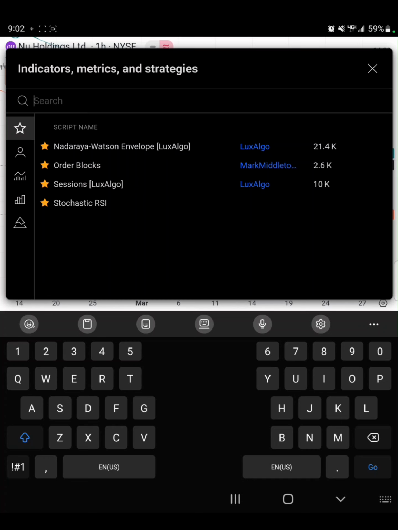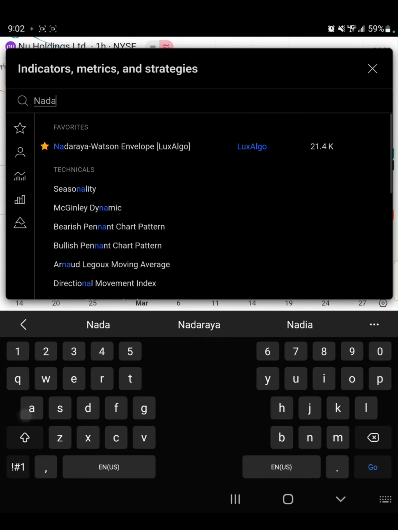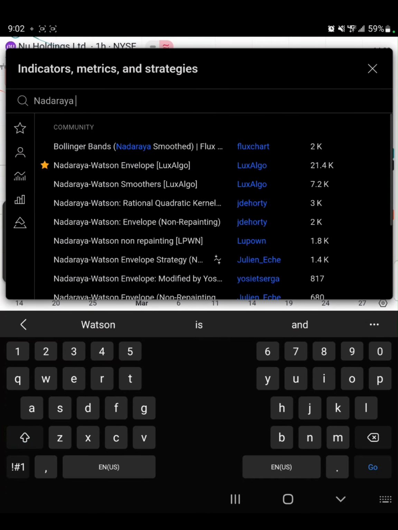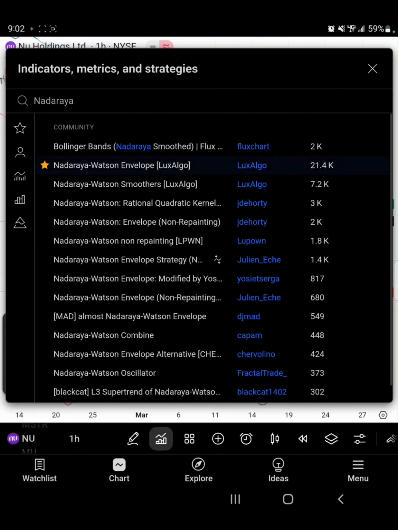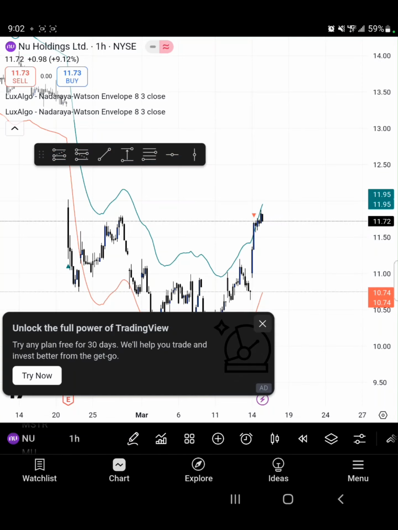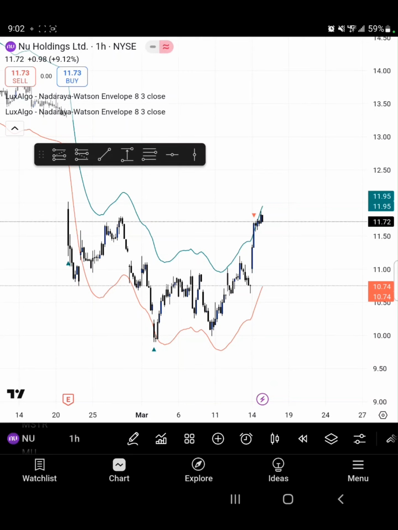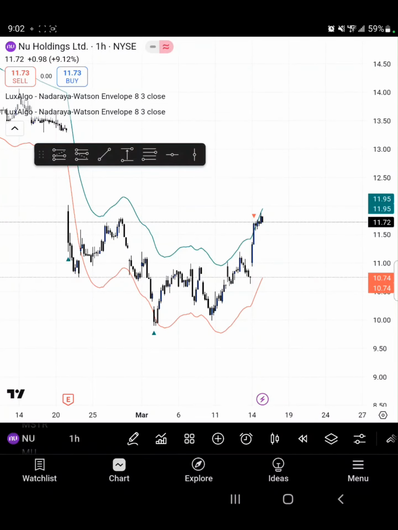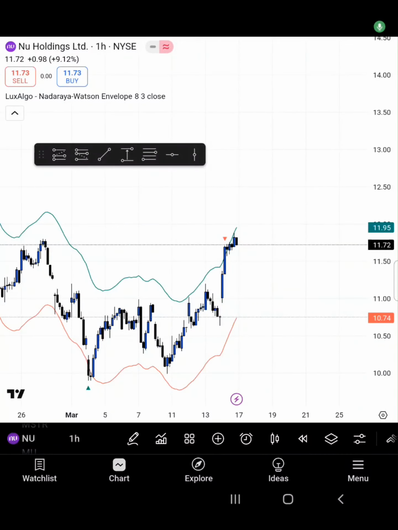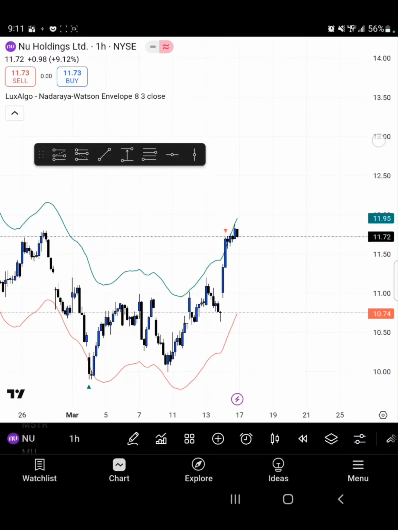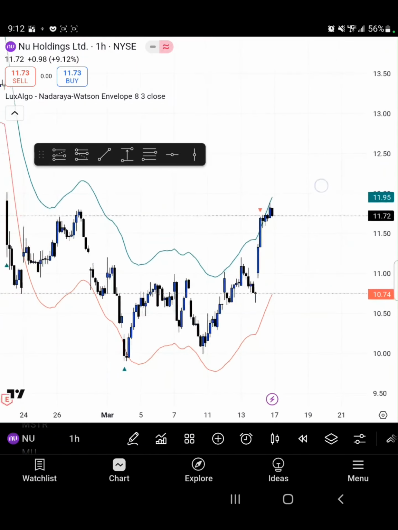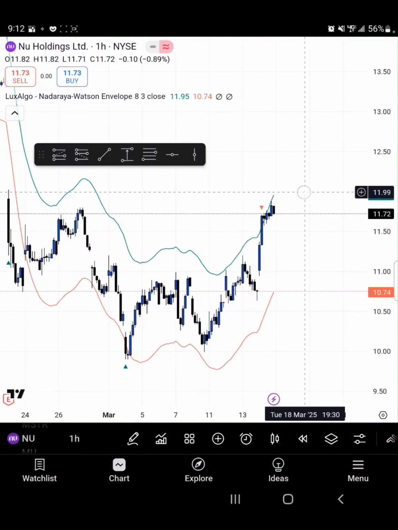So you type in Nadaraya Watson, then click on it, and it will appear over here. The Nadaraya Watson indicator is just an envelope. It works like an RSI.